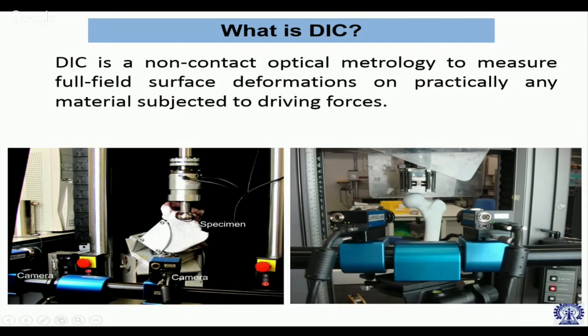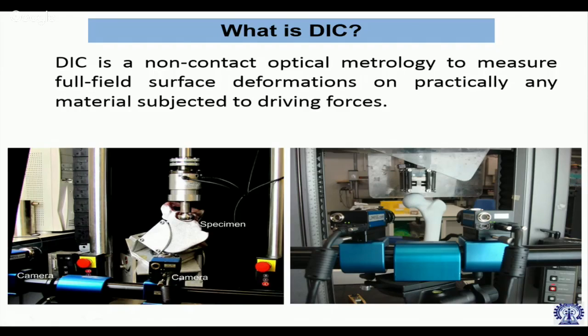There are also two cameras pointed on this specimen. But what is striking is these colors, a sort of white and some black dots called speckle generated on this white paint, which is actually applied on the surface of the specimen.